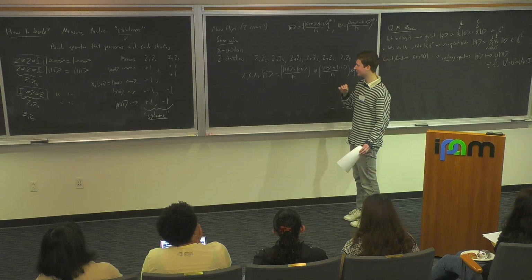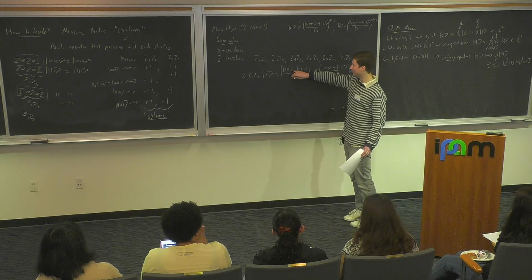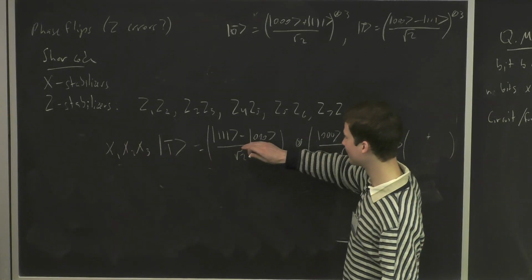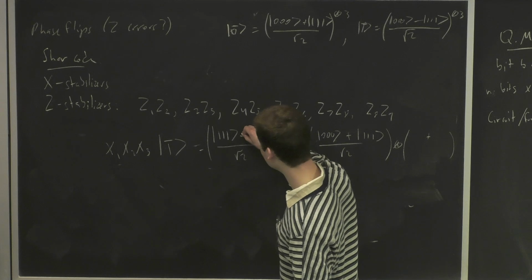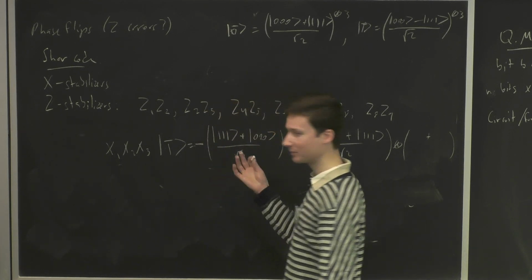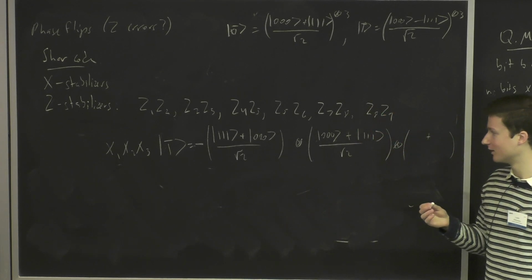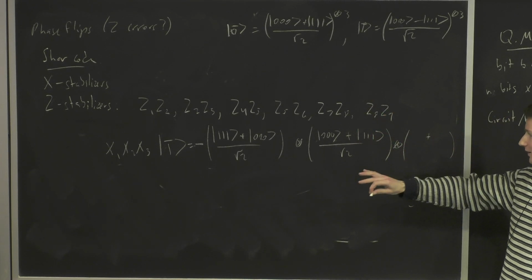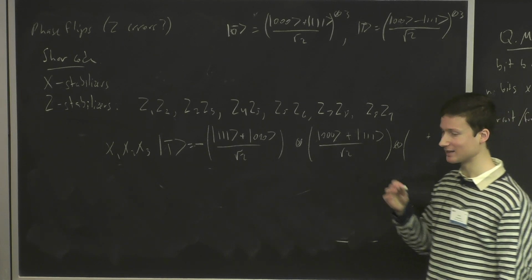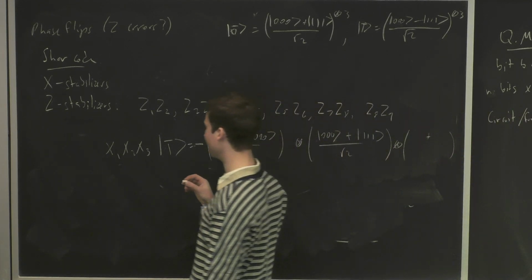We can see that X1 through X3 is flipping the sign here, so we can pull this sign out front. It's flipped the sign of our state, and we'll want to use operators of this form in a second. But X1 through X6 is exactly the way we fix this for now.